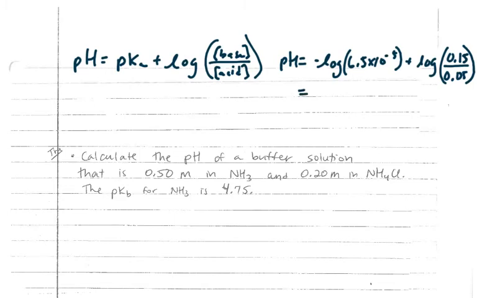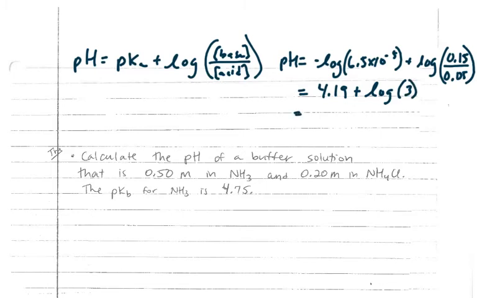The negative log of 6.5 times 10 to the negative fifth is 4.19. And 0.15 over 0.05 is 3, so that's going to be plus the log of 3.